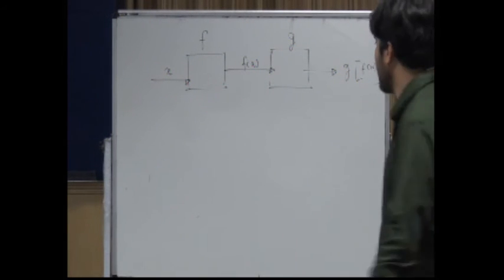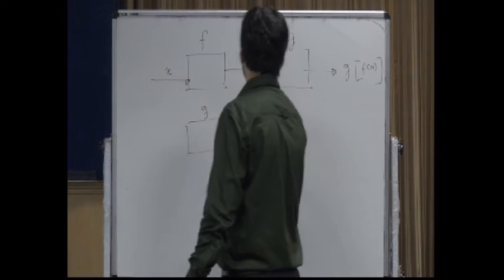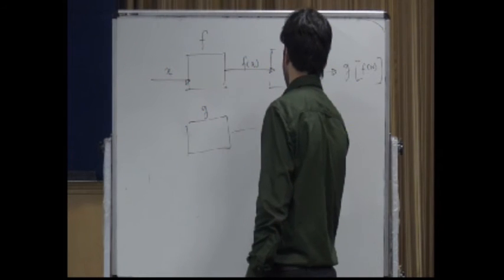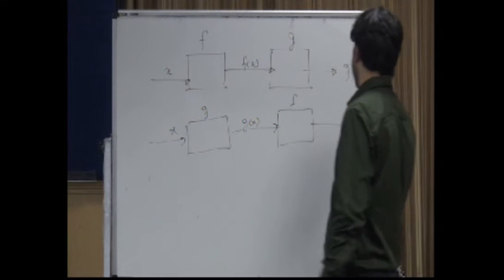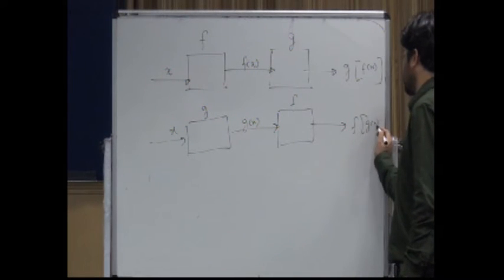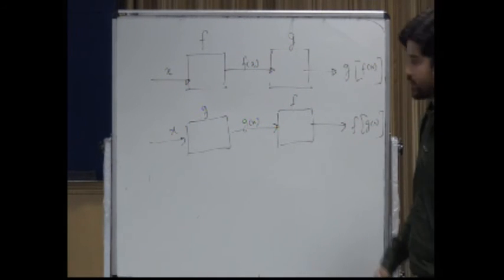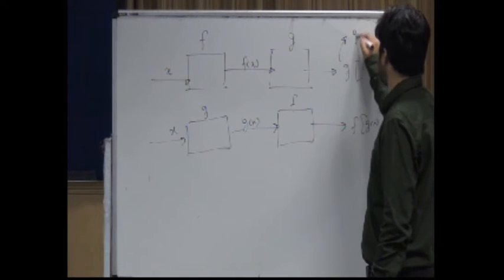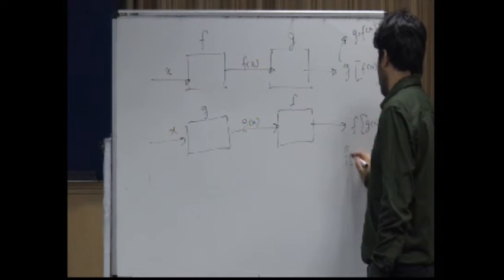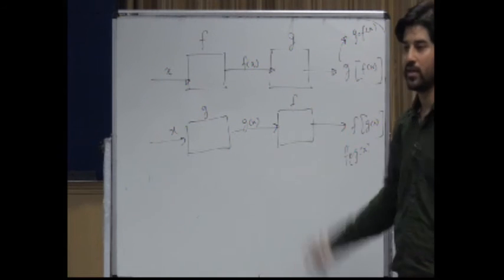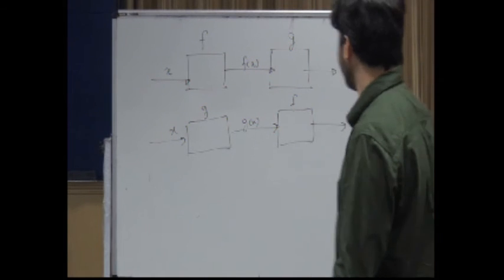Likewise, if you are putting g first, you're putting x here, this becomes g(x), and this becomes... इसे हम क्या कहते हैं? कंपोजिशन फंक्शन, कंपोजिट फंक्शन. इसे आप g of f x कहते हैं, इसे आप f of g x कहते हैं. राइट? ये बात आपको समझ में आता है? f of g x, g of f x. राइट?